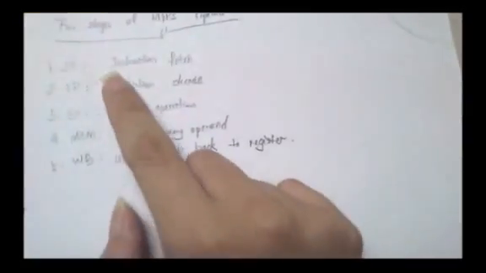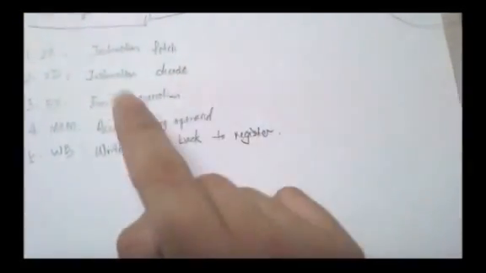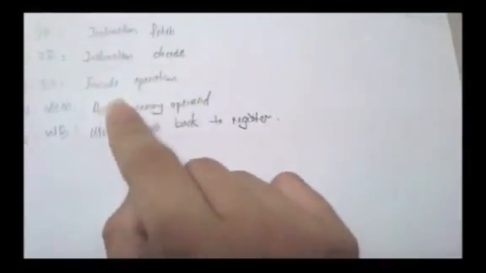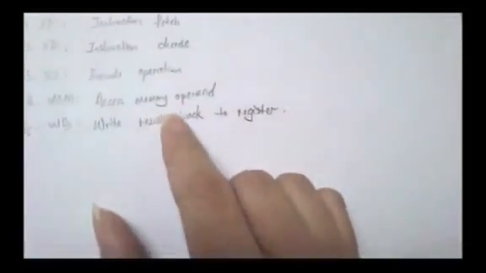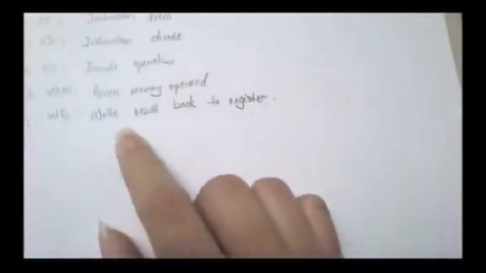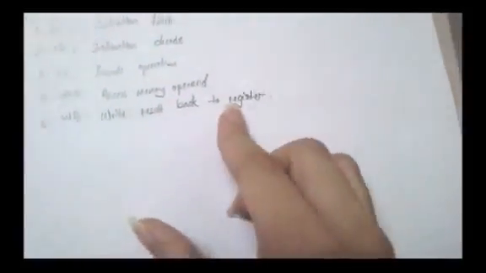Why must we use the forwarding method? According to our knowledge, there are 5 stages of the MIPS pipeline. The first one is instruction fetch, and then instruction decode, execute operation, access memory operand, and finally write result back to register.